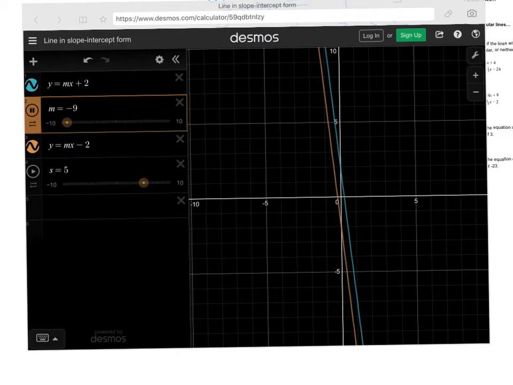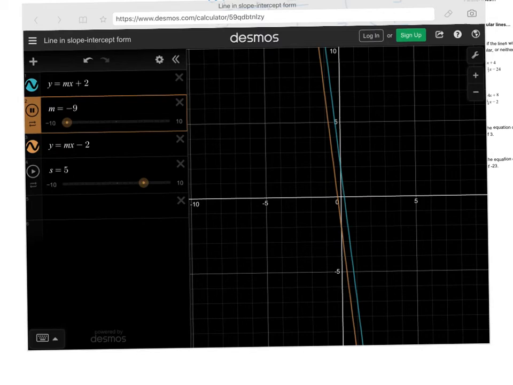Okay. So the slopes are going to have to be opposite reciprocals of each other, and I can show that as well. So if I make this slope the opposite reciprocal, right? So the opposite reciprocal of m is -1 over m, right? And you can see that these lines are perpendicular.